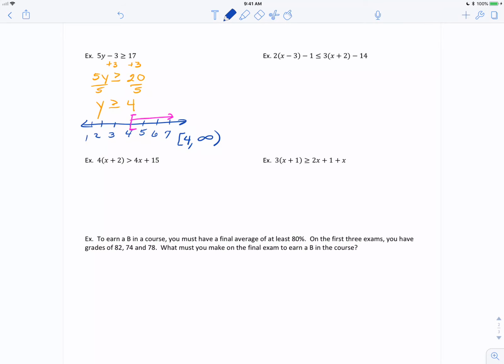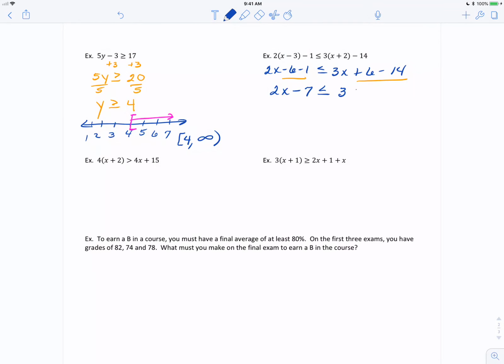All right, this one we have to use our distributive property and make sure we simplify both sides before we start crossing the line, remember. So 2x minus 6 minus 1. Simplify here. -6 minus 1 is -7. And then we're also going to simplify this.